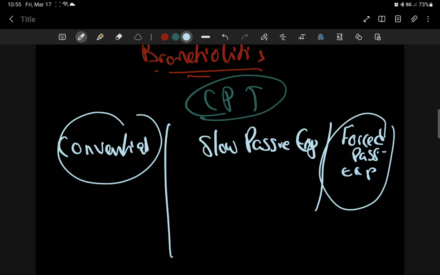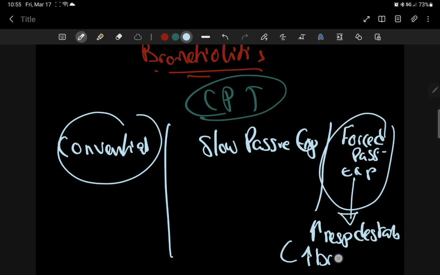However, they said if these patients only use the forced passive, you'll see that it will actually increase respiratory destabilization, and it will increase bradycardia, and it will increase desats, and there is a higher chance of mucus plugging.